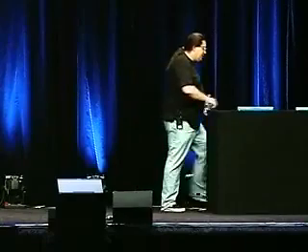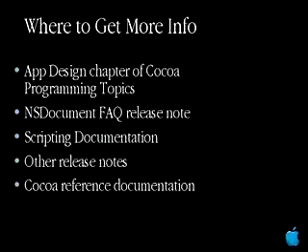And I believe I have one more slide here, which is just where to get some more info on this. There is a chapter of the Programming Topics document. I think it's called App Design, and it basically goes into a lot more detail on exactly these three concepts: document, scripting, and undo.